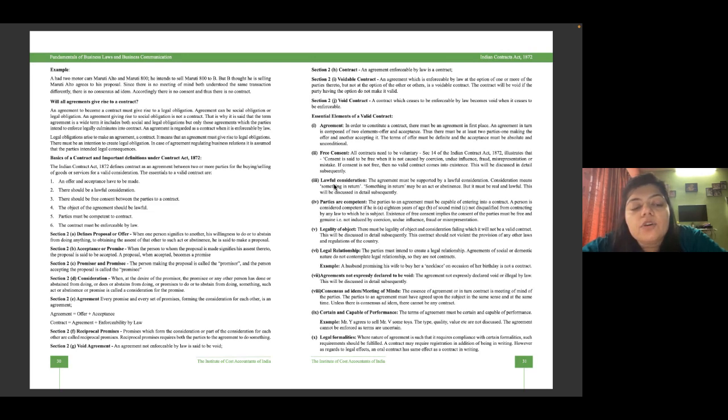Now, when we are talking about what exactly is the definition of a proposal or an offer, a proposal or an offer is basically when a person signifies to another his willingness to do or to abstain from doing something, with a view to obtaining the assent of that other to such act or abstinence, he is said to make a proposal.